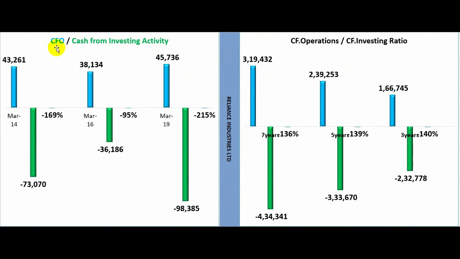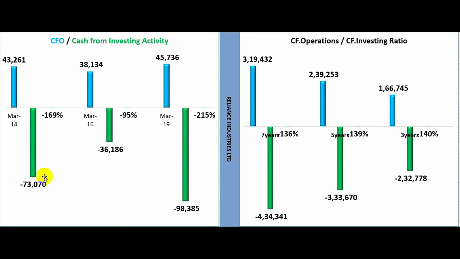Next, in this chart we are trying to understand, out of this cash that the company received through operating activity, how much was actually invested in the investing part. Here in March 14, the total cash flows from operating activity was 43,000 crores. So this is the cash it received through operations.